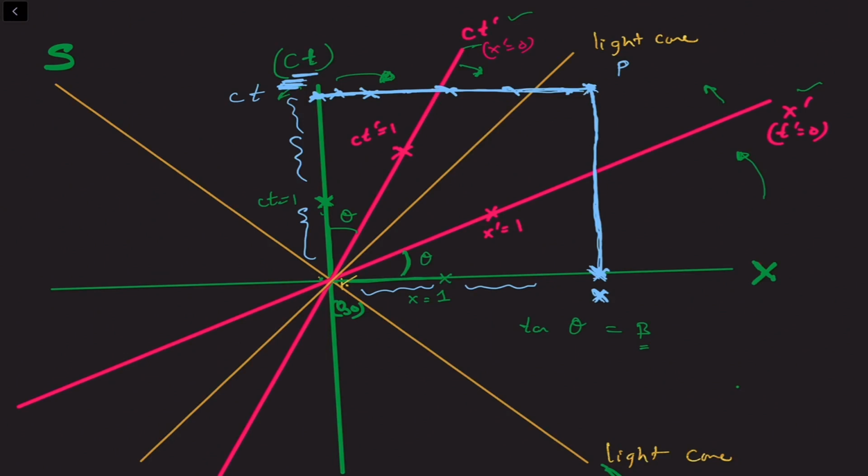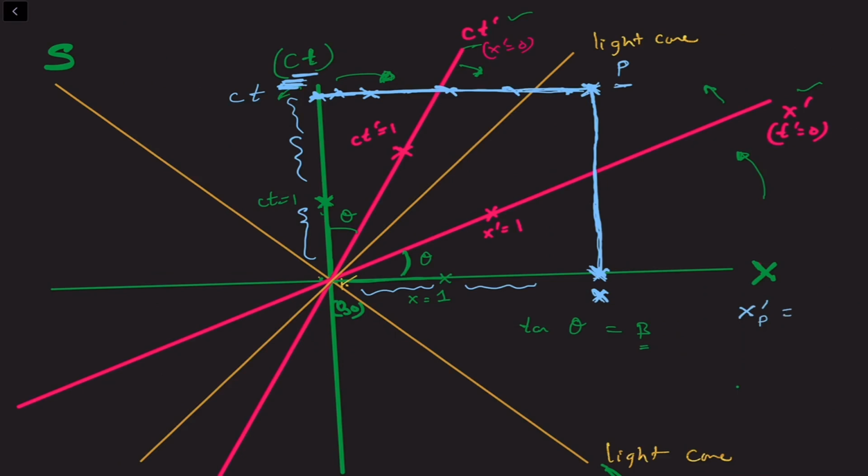So now suppose we want to locate the coordinates of P according to the primed observer. Let's start by trying to find the x prime coordinate of this point P. Now we're looking for the set of all points with the same x prime, let's call it x prime P, but with differing values of time.